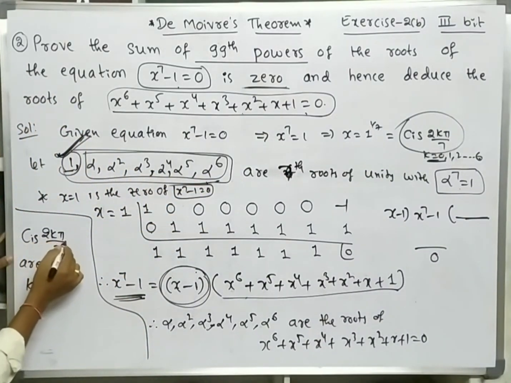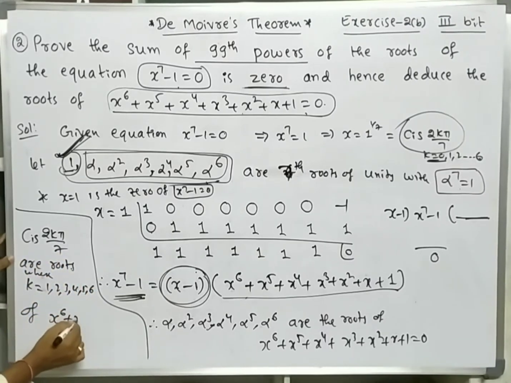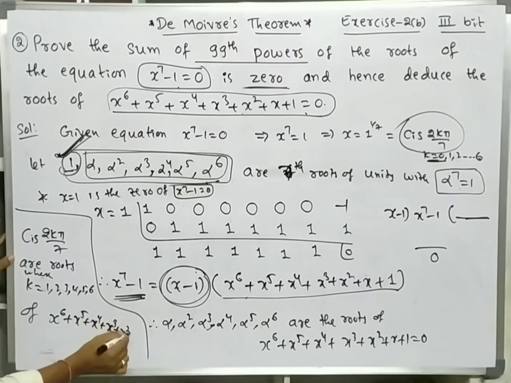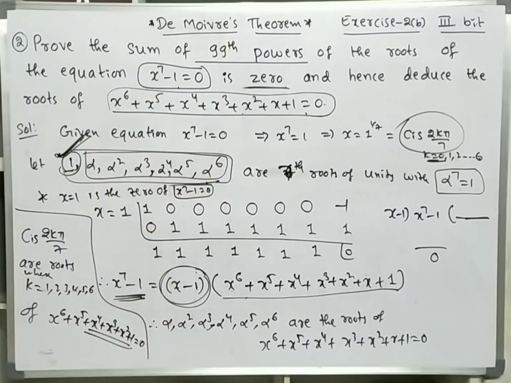Therefore cis 2k pi by 7, where k is equal to 1, 2, 3, 4, 5, 6, are the roots of x power 6 plus x power 5 plus x power 4 plus x cube plus x square plus x plus 1 is equal to 0, right? So like this we will find the zeros of the given equation.